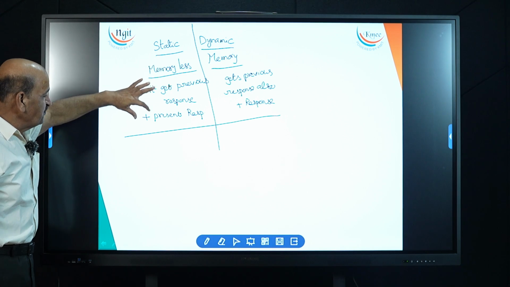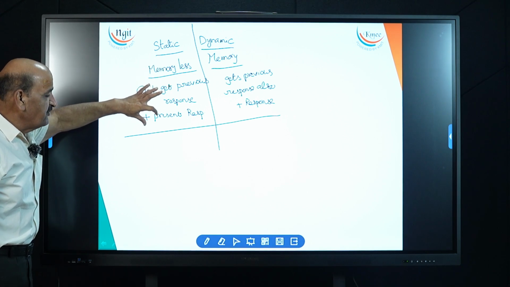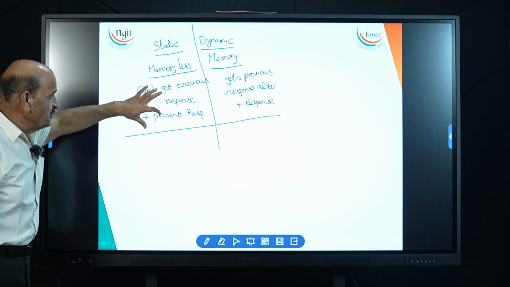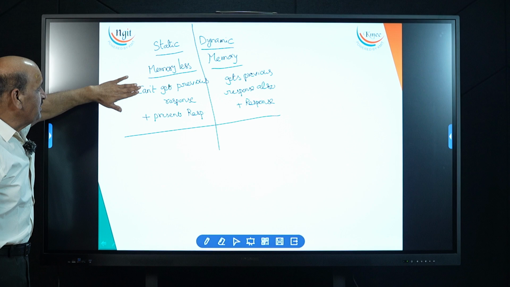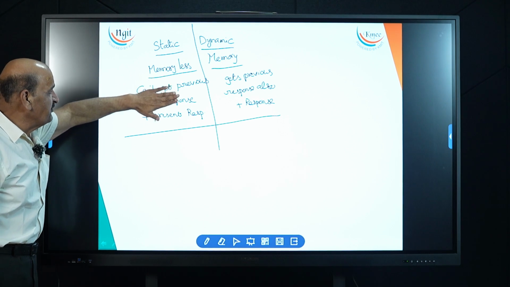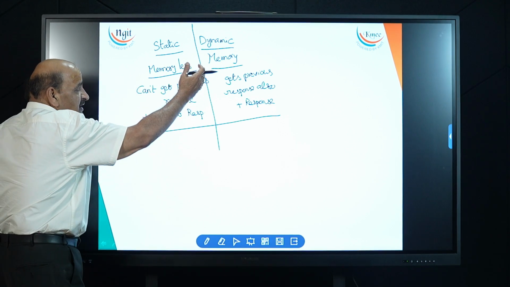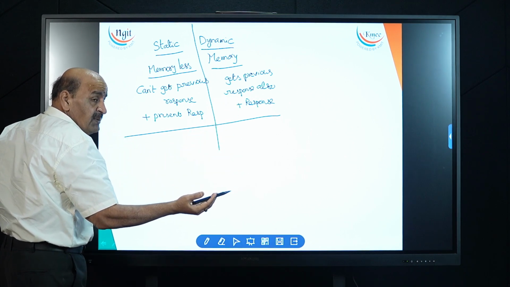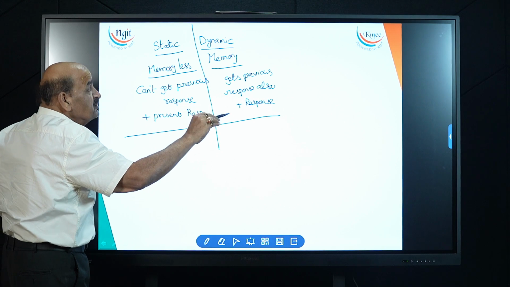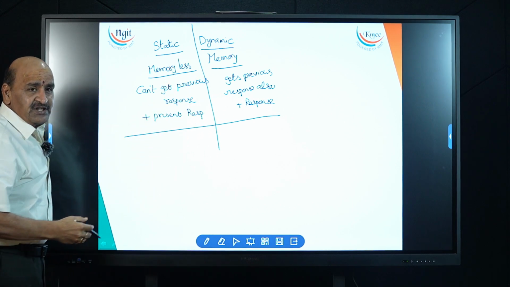Memoryless means it is capable of responding to the present output only, but it can't get the previous response. But a dynamic system not only gets the present response, but also is able to get the previous response too. That is called a dynamic system.